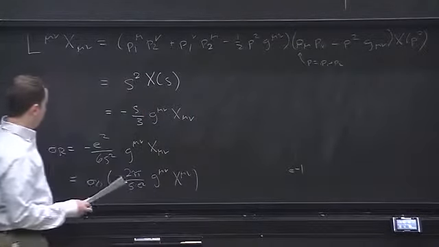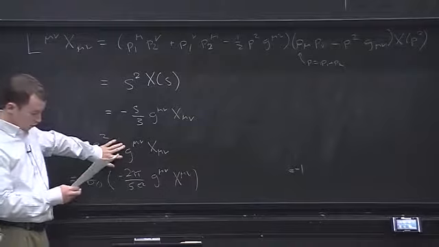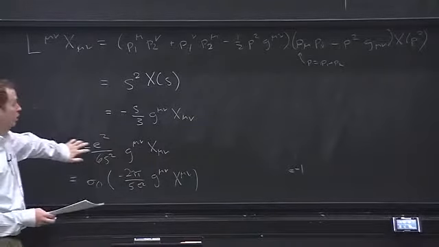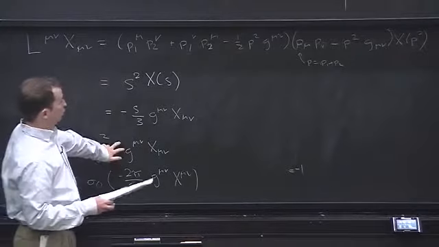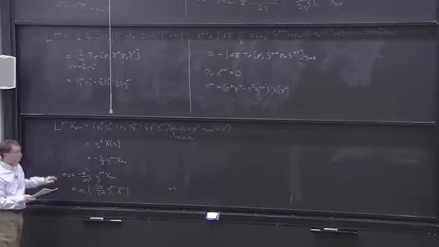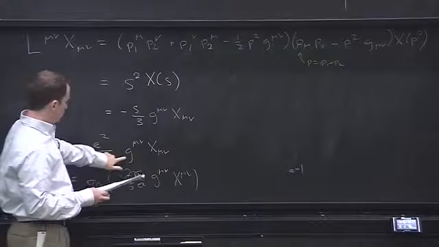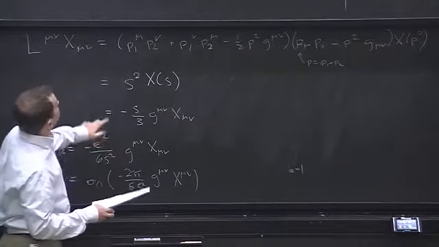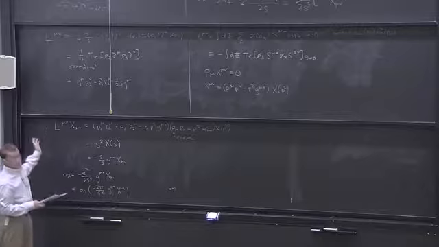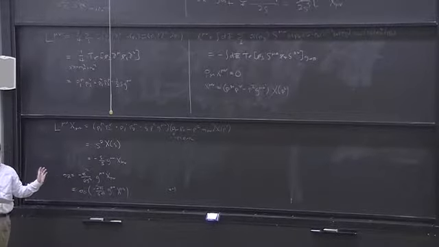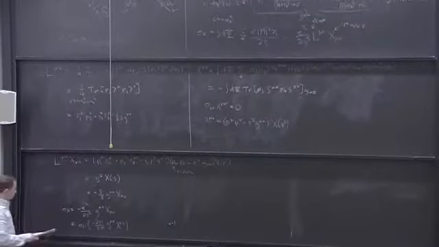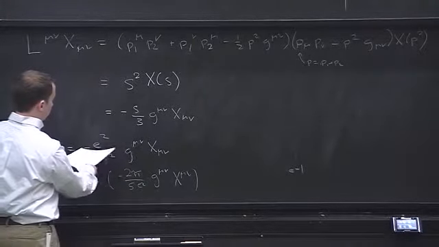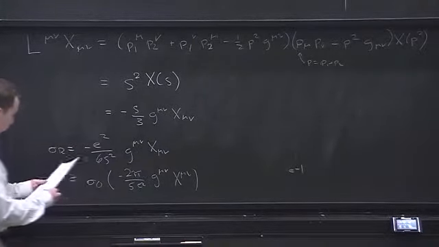We can think of minus g mu nu as coming from the sum over the initial polarizations of our off-shell gamma. So we're thinking of the process as e plus e minus to gamma star. Since it's an intermediate process, we're summing over all possible polarizations there.